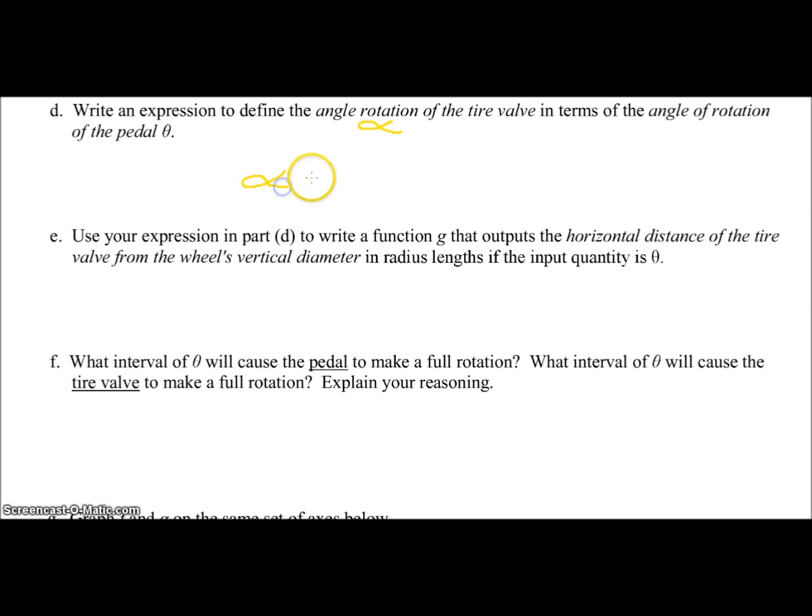So alpha is always 4 times as much as theta. Now use your expression in part D to write a function g that outputs the horizontal distance of the tire valve from the wheel's vertical diameter in radius lengths if the input quantity is theta. So if the input quantity is theta, it'll have to be cosine of 4 theta, because we really want cosine of alpha, but alpha equals 4 theta.